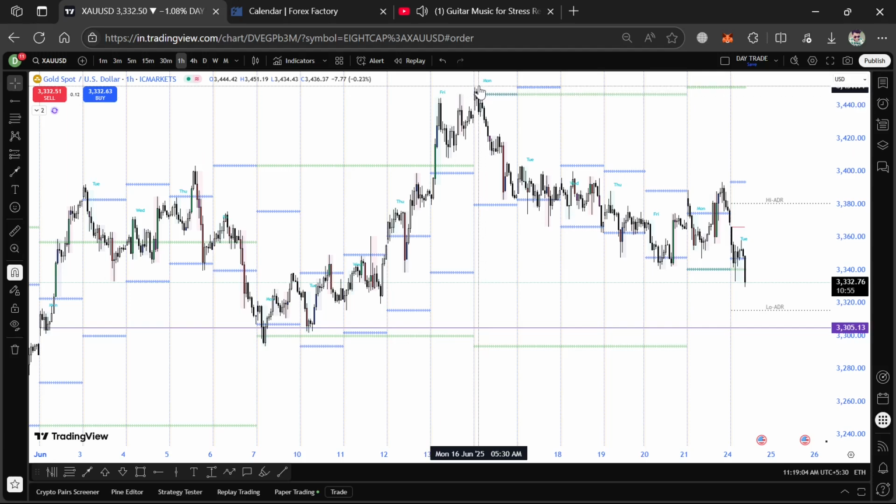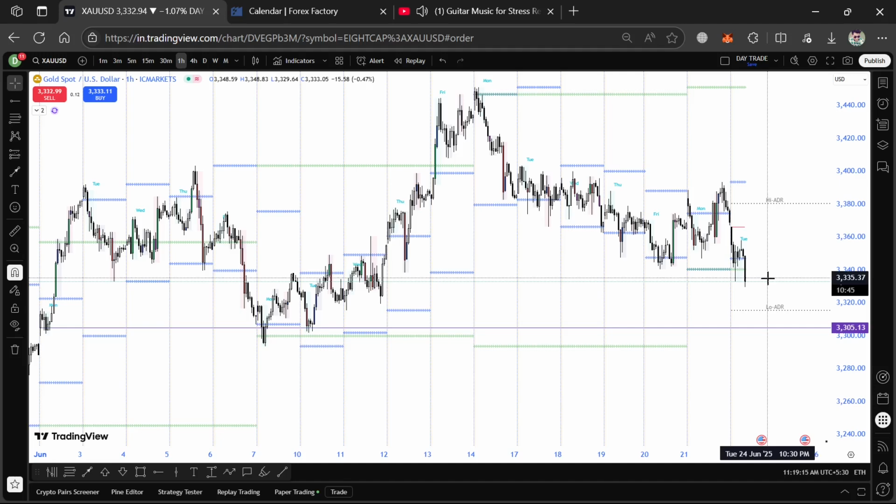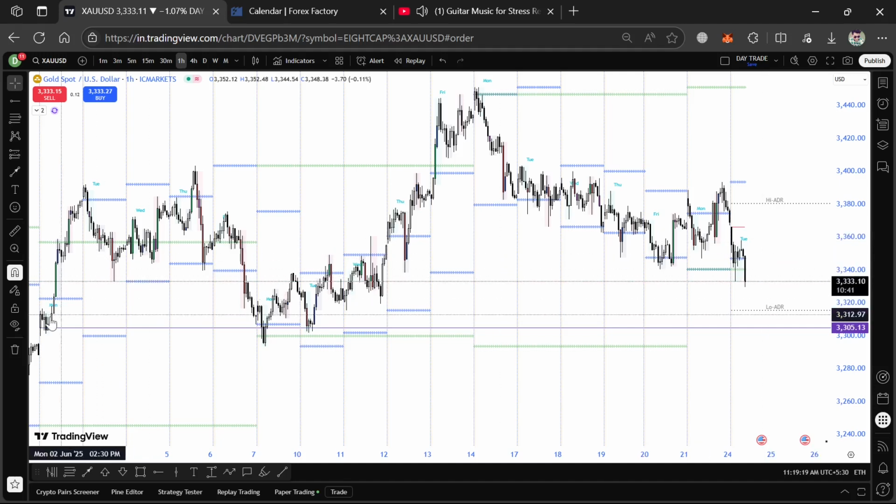We saw a high of 3447 over here, and now the market is approaching the open. This is the last week of the month, and at the end of the day the market is again where it was at the start of the month. So let's see how today is going to go.